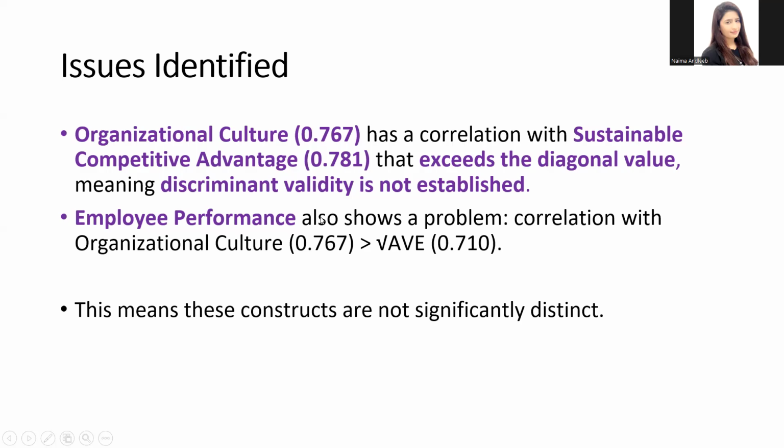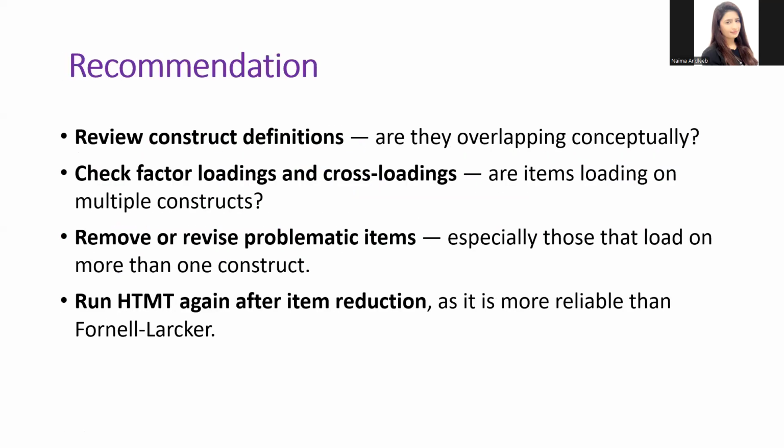Then employee performance also shows a problem: its correlation with organizational culture is 0.767 and the AVE is 0.710. So this is also a problem. This means these constructs are not significantly distinct. There is some similarity between the constructs, between the items.